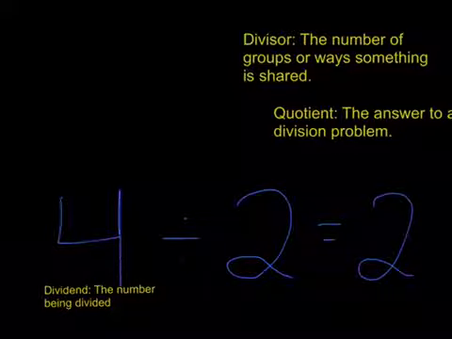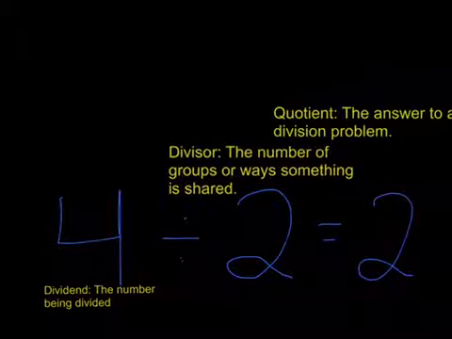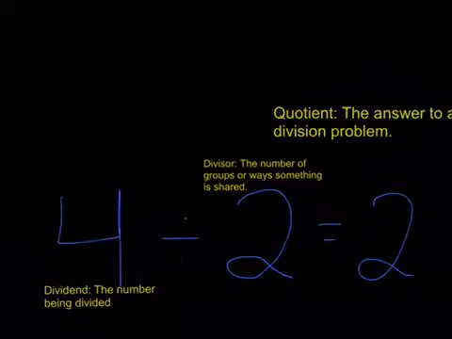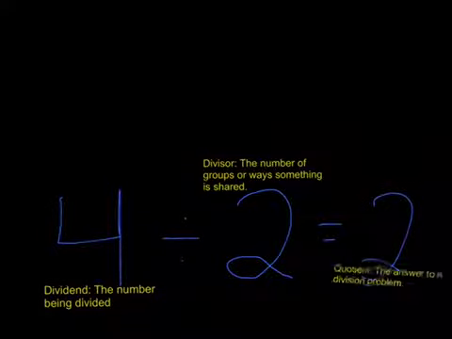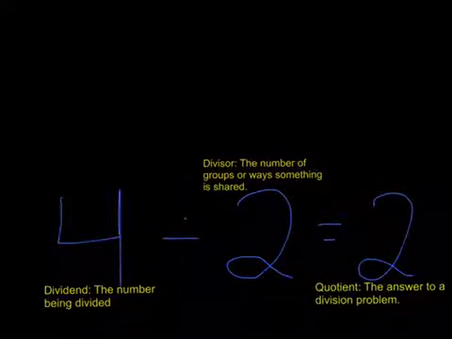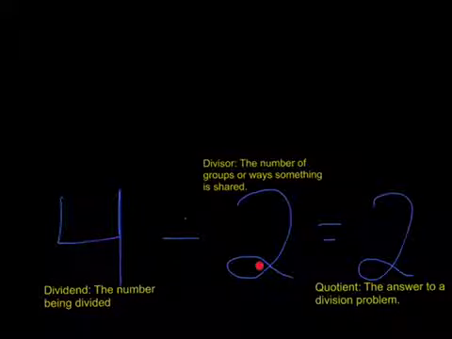And our dividend is divided into 2 equal groups. That turns into our divisor. That's our vocabulary word for the number of groups or the ways that we're sharing something. And then the only one left over, our answer to a division problem, is the quotient. So we would say that our dividend of 4 was divided into 2 equal groups to give us a quotient, or an answer, of 2.